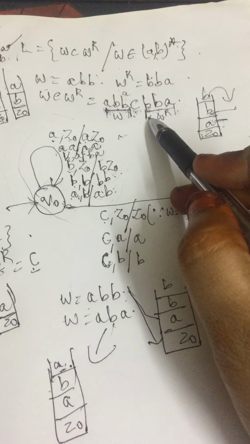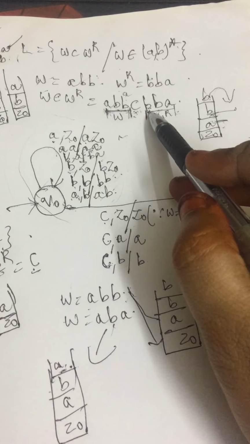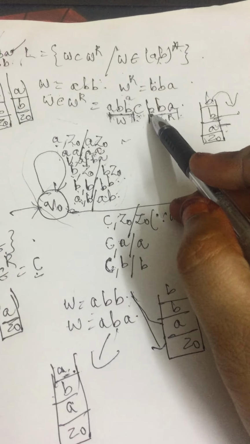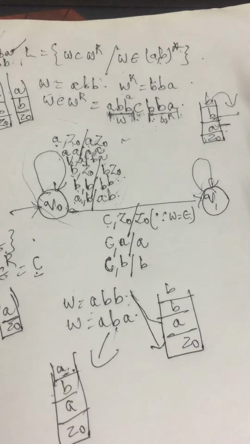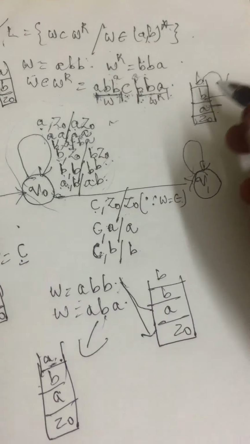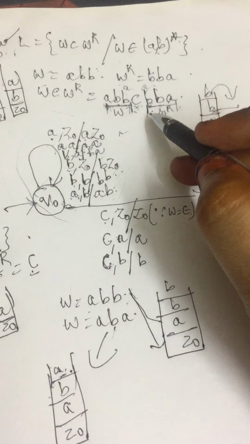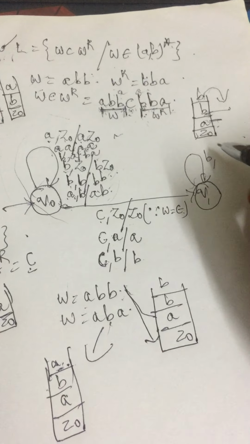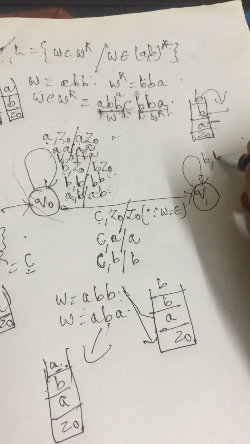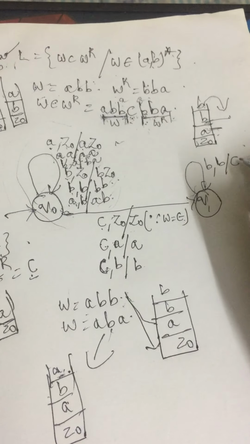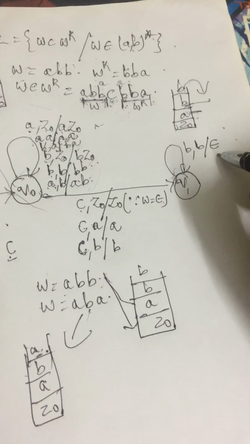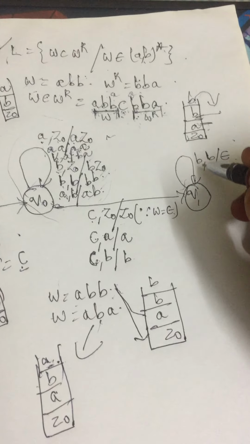Suppose my WR part's first alphabet is B, then the top of the stack will also be B. If it is A, then the top of the stack will be A. So the present input symbol is B, top of the stack is also B. Just perform the pop operation. Pop operation will be represented by epsilon.